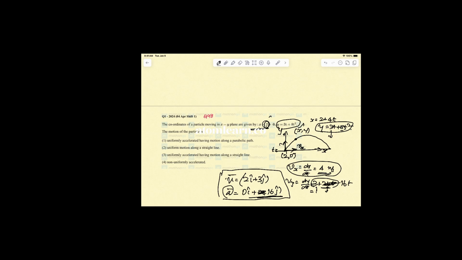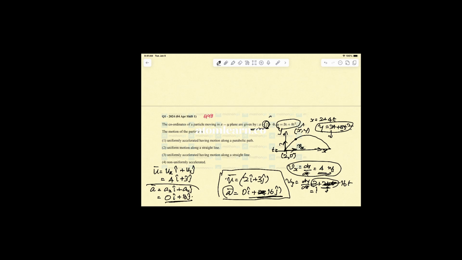Therefore, the u vector is equal to ux i cap plus uy j cap, which is 4 i cap plus 3 j cap. What about acceleration? ax i cap plus ay j cap is a vector given by 0 i cap plus 16 j cap.